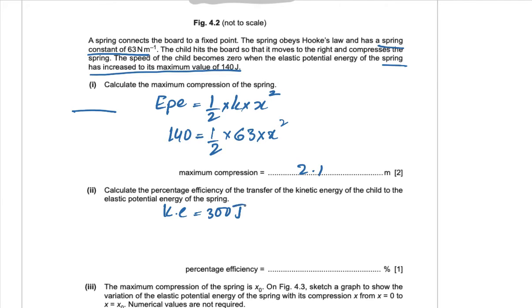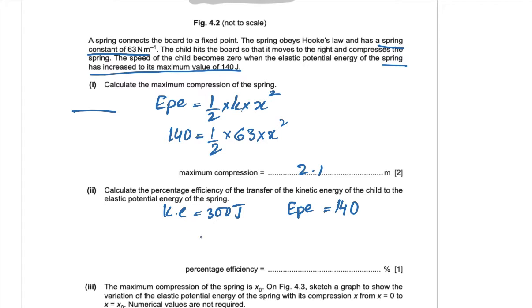And the final, or the maximum, elastic potential energy of the spring got to 140 joules. This kinetic energy was converted into the elastic potential energy.